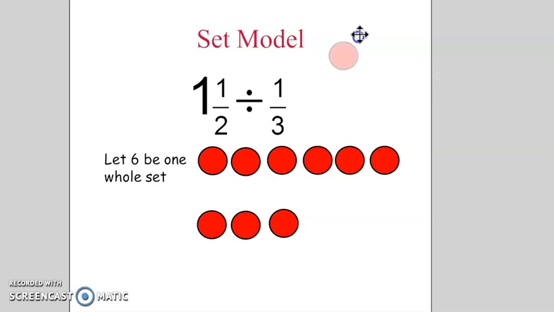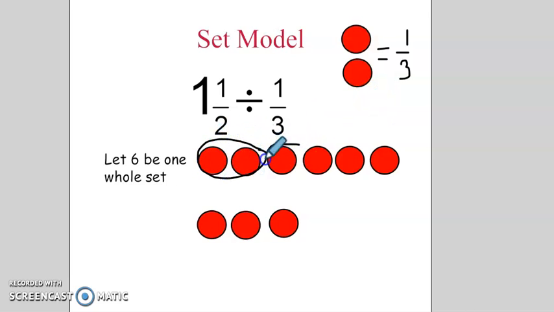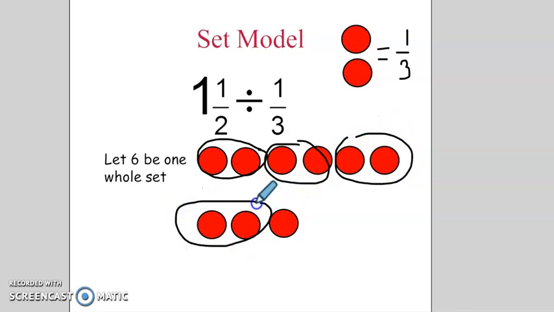And then what would be 1/3? 2 pieces would be 1/3. So again, we see 1/3 fits in 1 time, 2 times, 3 times, 4 times, and a half of a time.